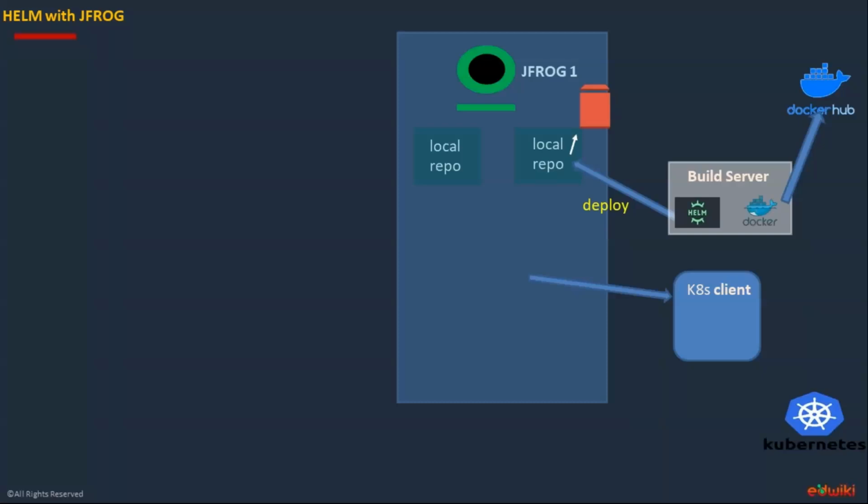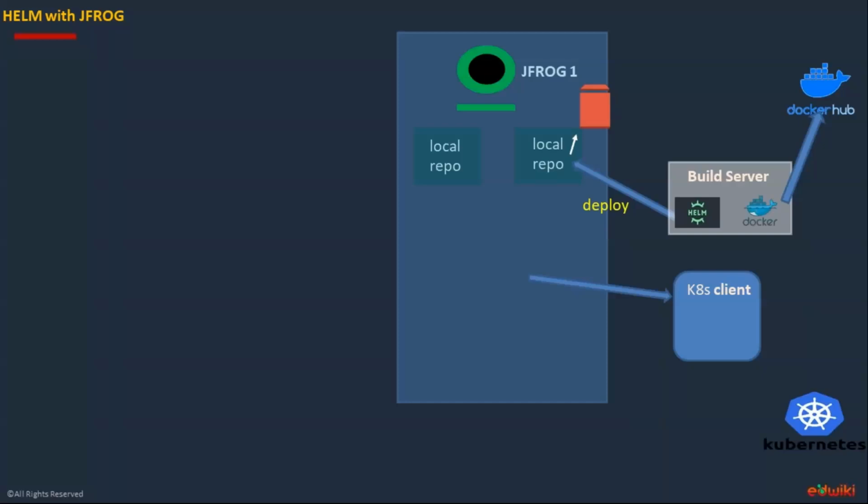Just to give a non-technical example, let's say you have some 100 movie files. Rather than putting all of them into one folder, you better try to keep them in different folders by giving proper names, based on the category of the movies that you have, just for better management. So the same way here, I can have multiple local repositories as well. But when I'm trying to download, how do I know in which local repository my Helm chart is?